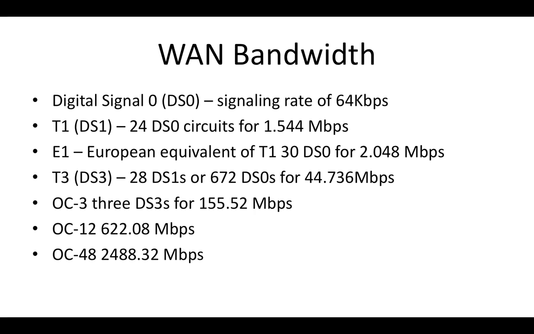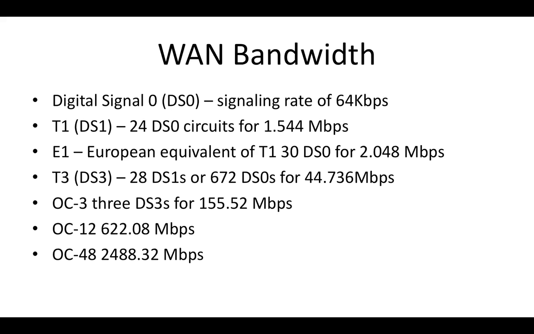So when we actually start looking at bandwidth and how an ISP is going to serve us, there's a lot of different terminology we can get in there. I'll try to highlight some of the most important ones here. Everything is based off of a digital signal 0, or DS0, which has a signaling rate or a capacity of 64 kilobits a second, which is not very much.